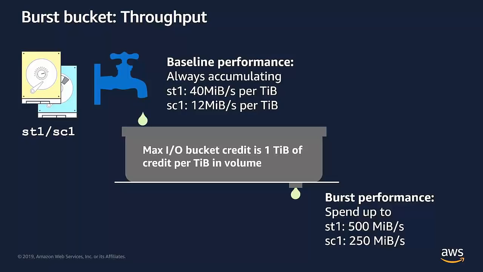The more credits your volume has, the longer it can drive I/O at the burst level. Unlike GP2 volumes, which have a fixed credit bucket size, throughput volumes have a bucket size proportional to the size of the volume. The larger your volume, the more burst credits you can accumulate.